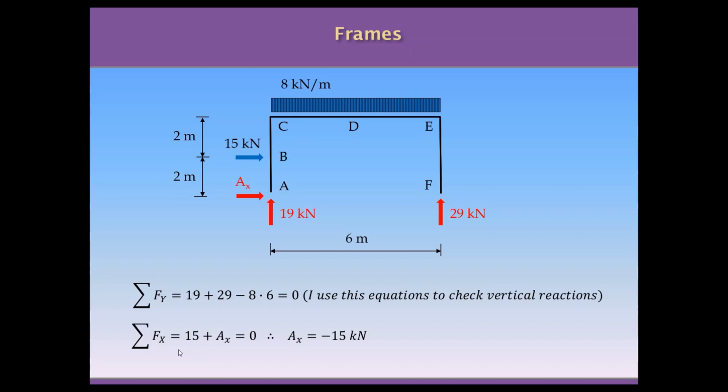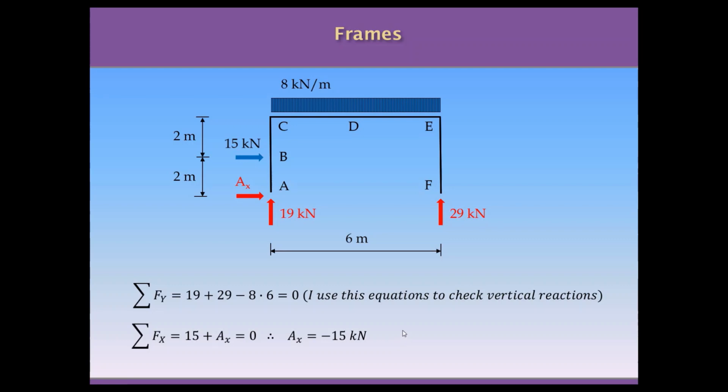Using the summation of forces in the x direction or horizontal direction, we have 15 kilonewtons plus AX, and we notice in this equation that AX is minus 15.